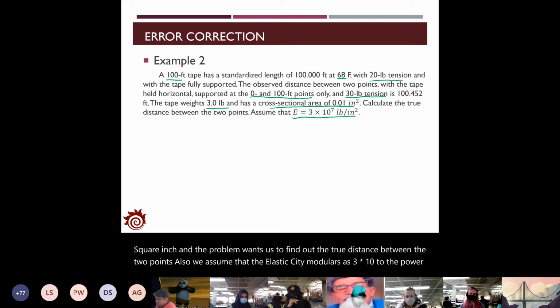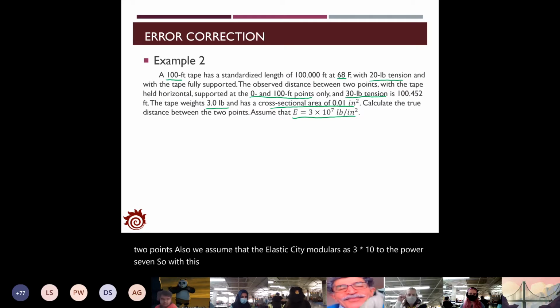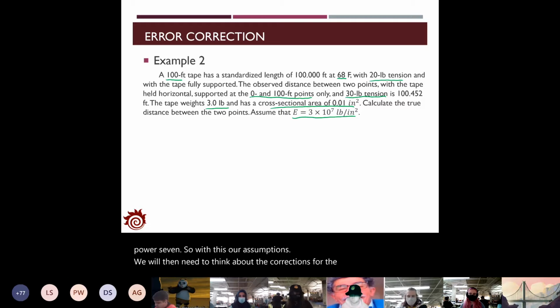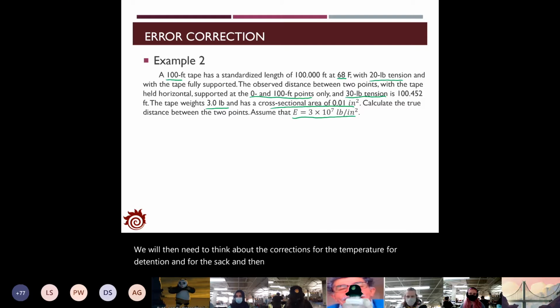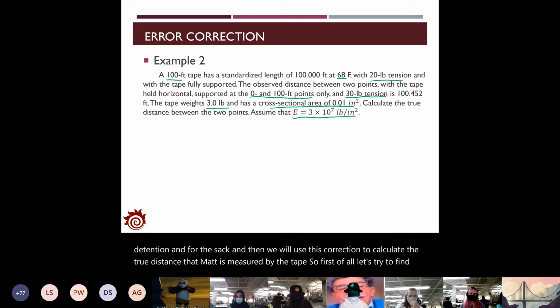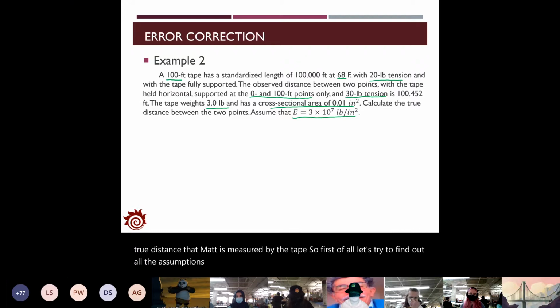With these assumptions, we need to think about the corrections for the temperature, for the tension, and for the sag. Then we will use these corrections to calculate the true distance measured by the tape. So first of all, let's find all the assumptions they provide to us.